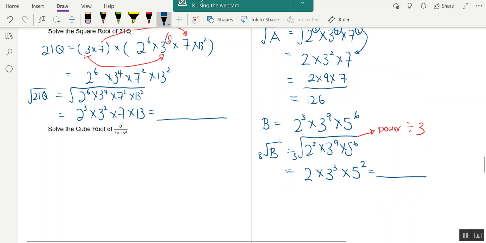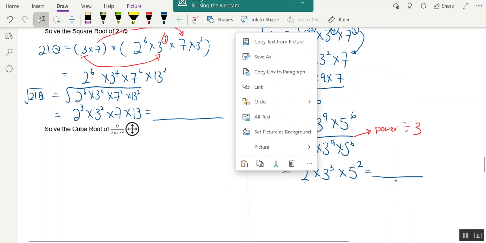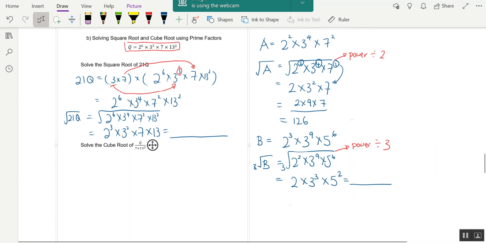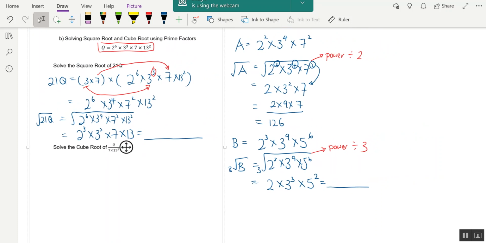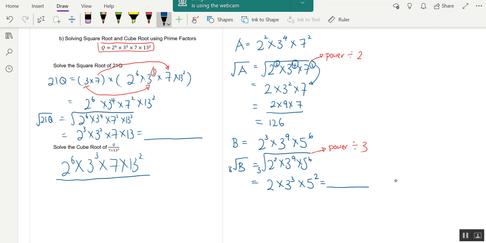Then in this question, you have Q over 7 times 13 squared. Same thing, Q is 2 to the power of 6 times 3 to the power of 3 times 7 times 13 squared, divided by 7 times 13 squared. What would it be? All of them are multiples, so one on top and one below can cancel.